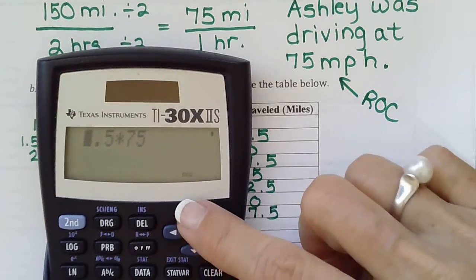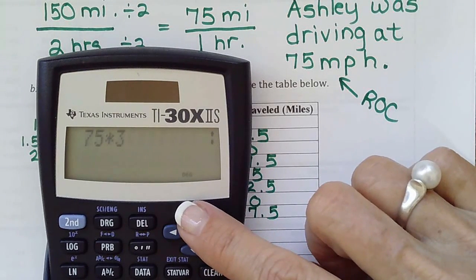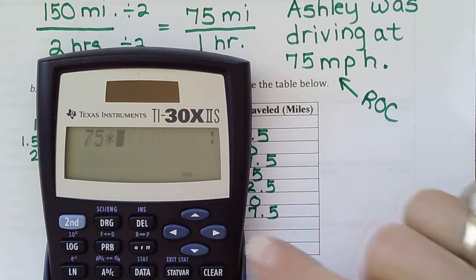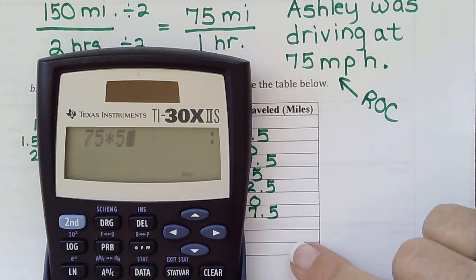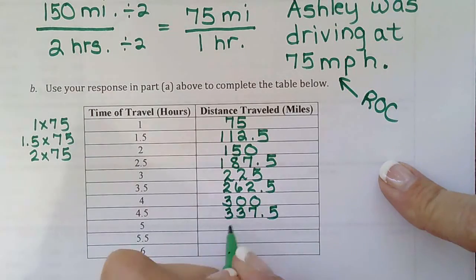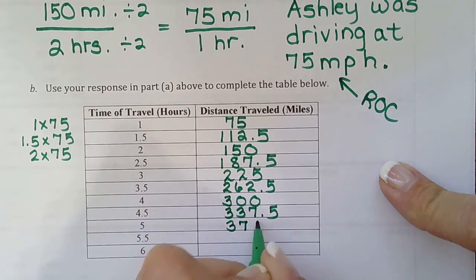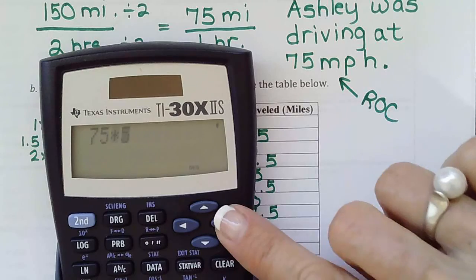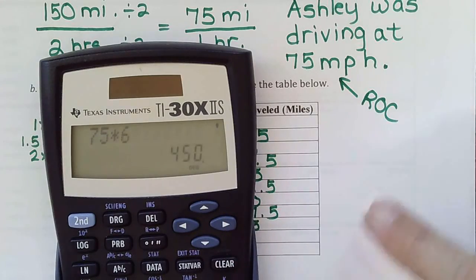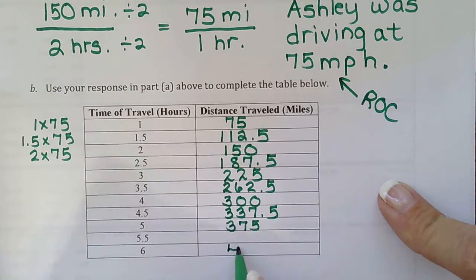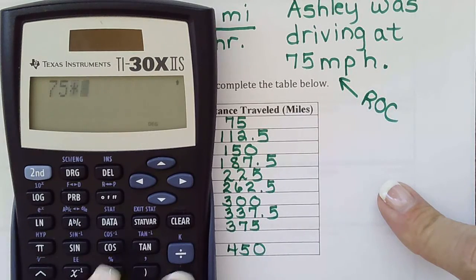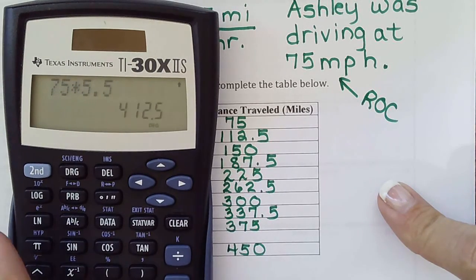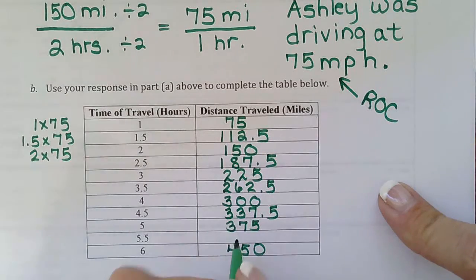And then 75 times 5 is 375. I'm going to go ahead and do 6 while this one's here. 75 times 6, 450. And then 75 times 5.5 is 412.5.